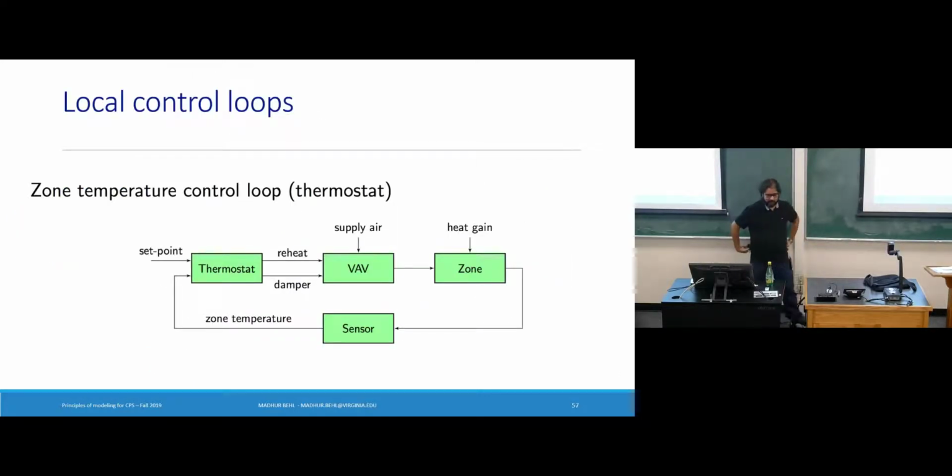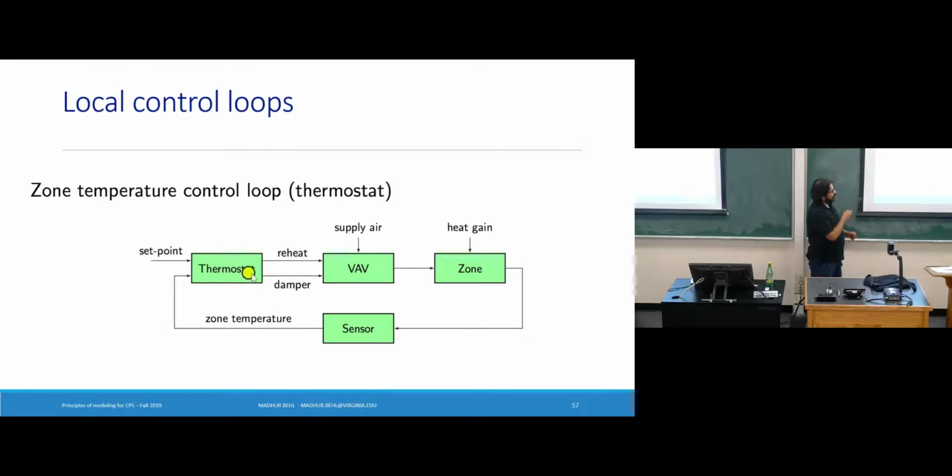So just to be crystal clear, what I was talking about as a local loop, the thermostat in the room is going to compare the reference set point, which some human or user has specified, or some high-level AI controller has specified. It's going to look at the mismatch between the set point and the actual room temperature coming from the thermocouple in the room.